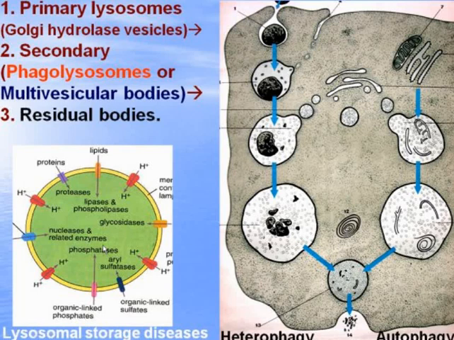Lysosomes contain about 70 hydrolytic enzymes which digest all types of organic compounds, like protease digests proteins, lipase and phospholipase digest lipids, and nucleases digest nucleic acids, and so on.